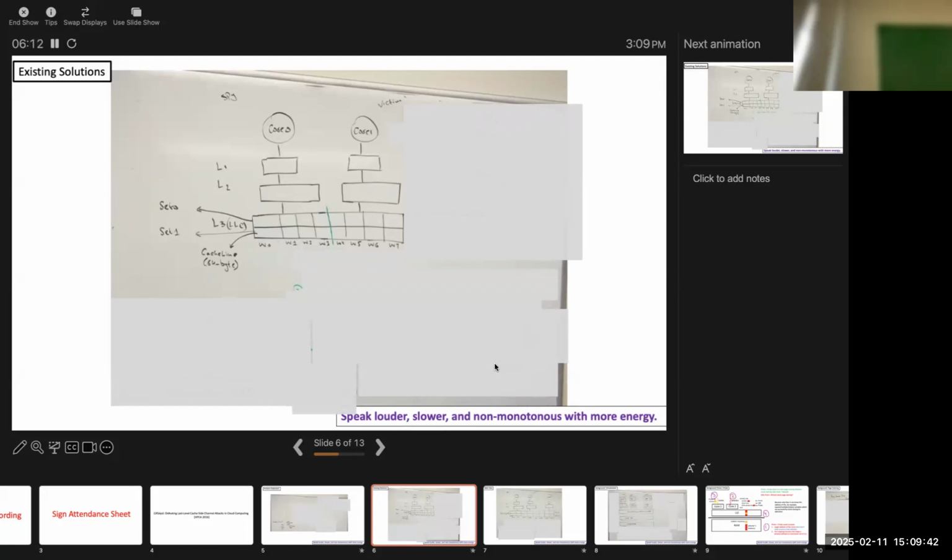Rows are known as sets, and these vertical columns are known as ways. So here we have two sets, and each set has 8 ways.